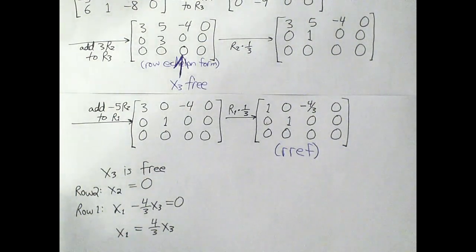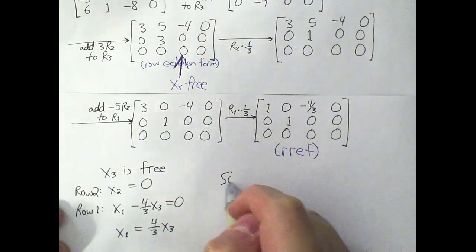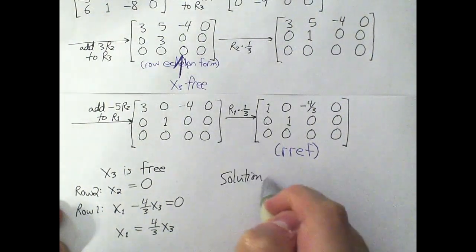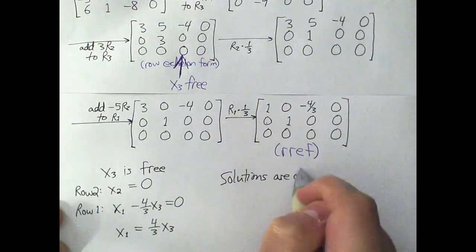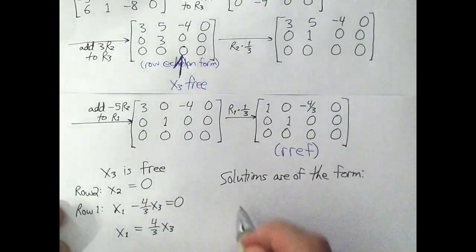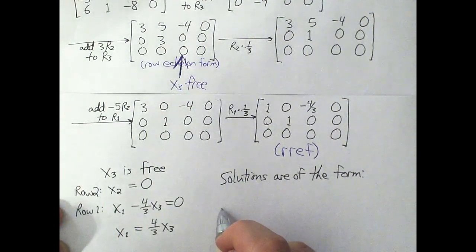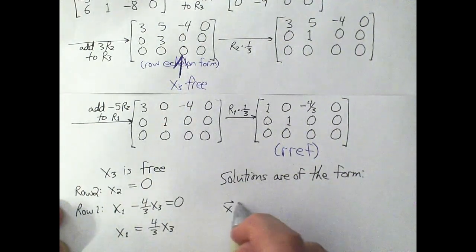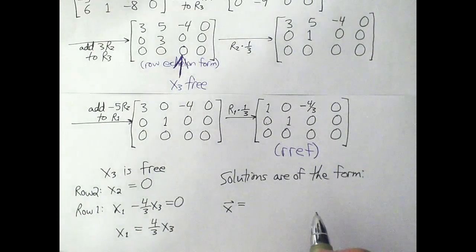Now, we had a couple of problems like this, I think, in previous lessons, but there's a particular way that I would like us to start writing the answers, the solution set. I'm going to say solutions are of the form. Now that we understand that x can be thought of as a vector, I'd like to write it as a vector.